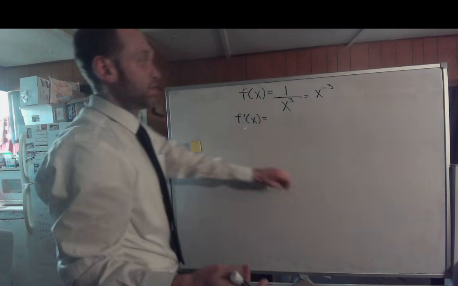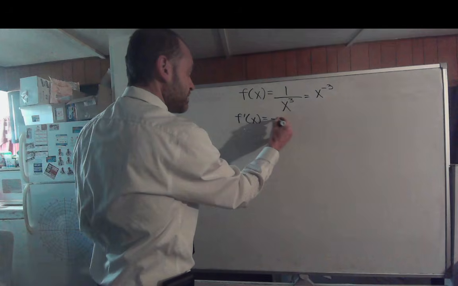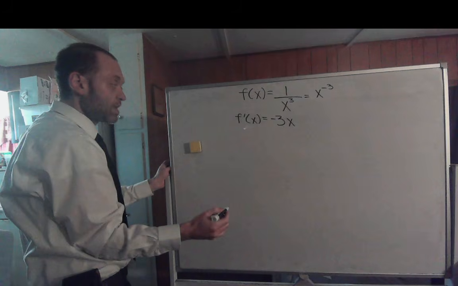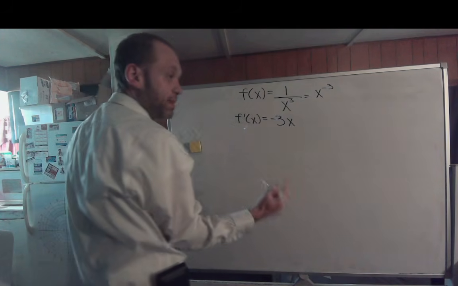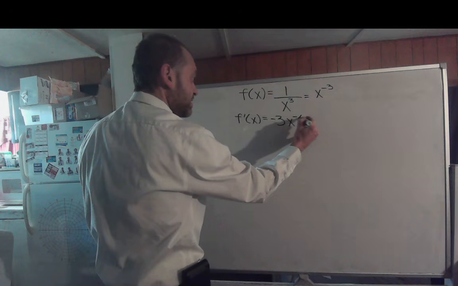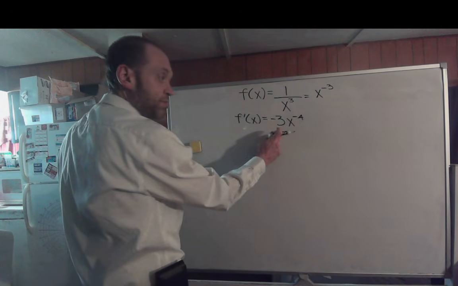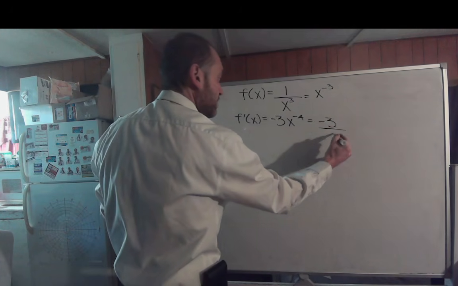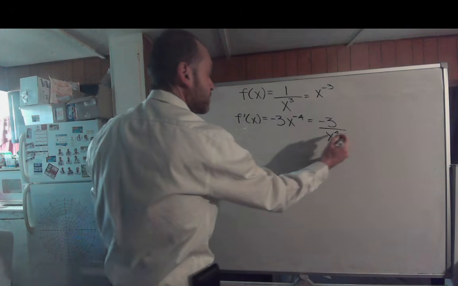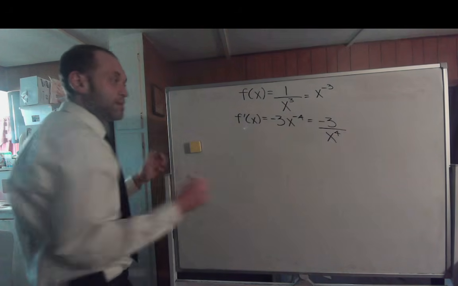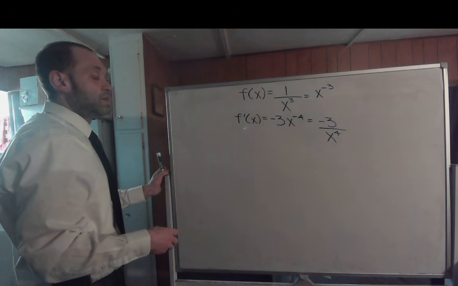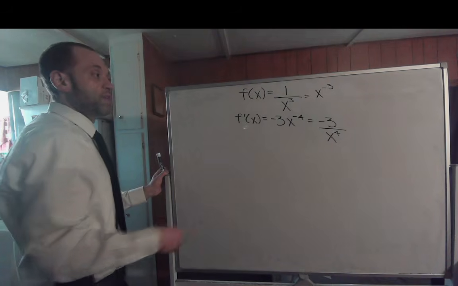Now to find the derivative, I'll bring that -3 down front, multiply it by my x, and then lower that -3 by 1 degree. That would be to the -4th. -3x to the -4th is the exact same thing as -3 over x to the 4th. And that would be f prime of x. That would be my derivative. Alright, so those are for negative powers.